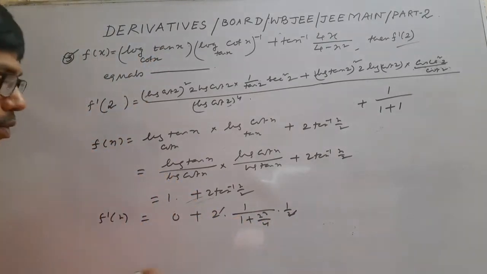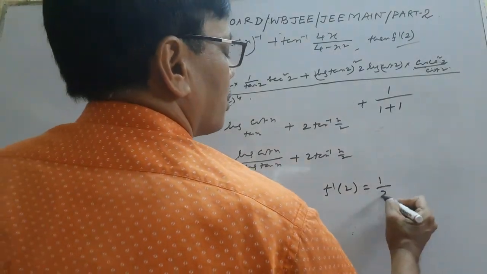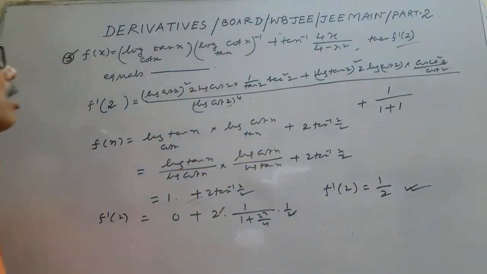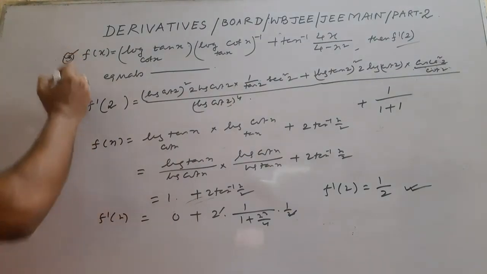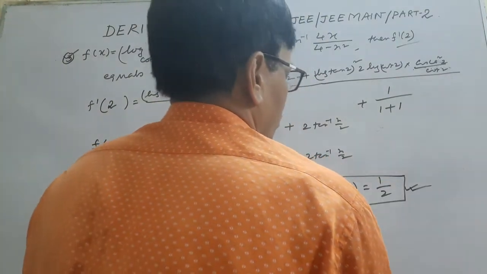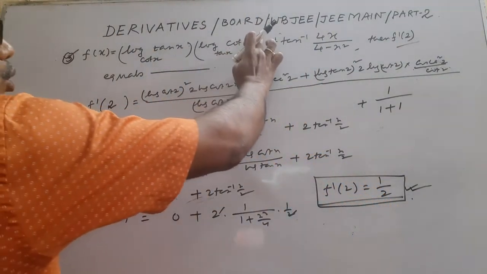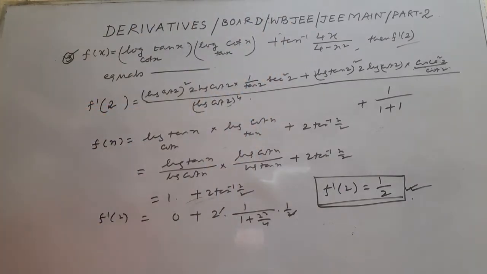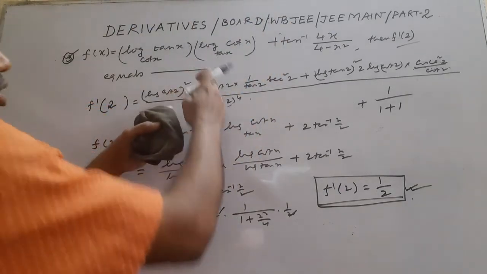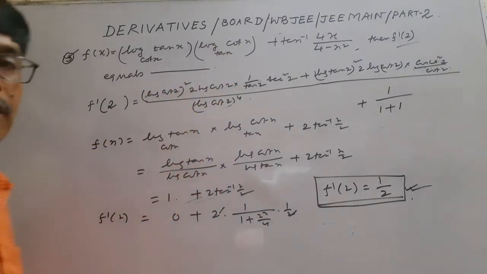So what is f dash 2? F dash 2 is half. So the answer given is half. So if answer is half, then this minus will be cancelled out, because you are not getting any simplified form by putting x equals to 2.